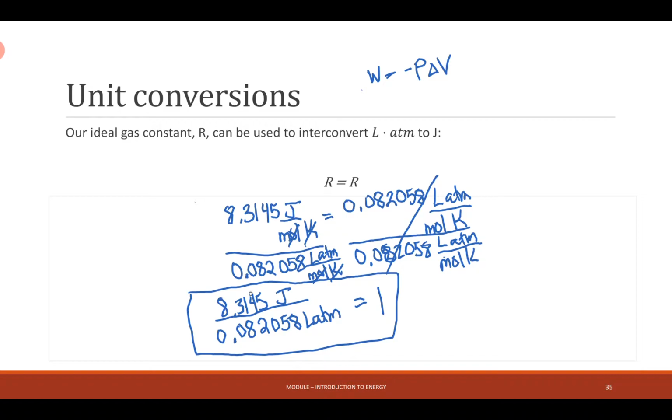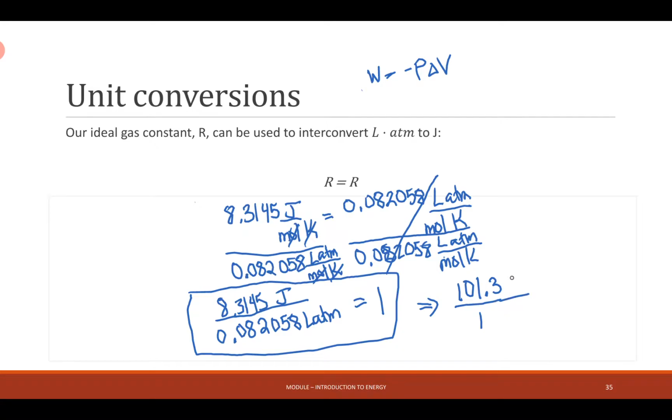We can also simplify this fraction. So let's just type that into our calculators. 8.3145 divided by 0.082058, if we divide these two numbers together, then we end up getting 101.3 divided by 1.